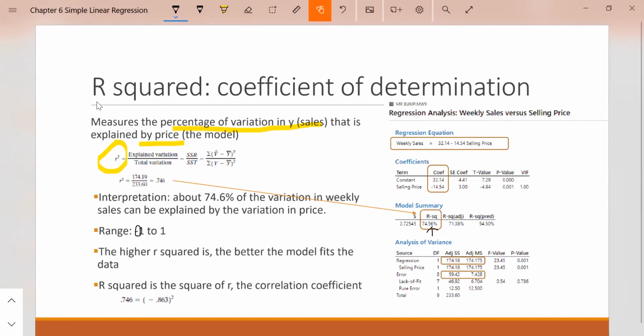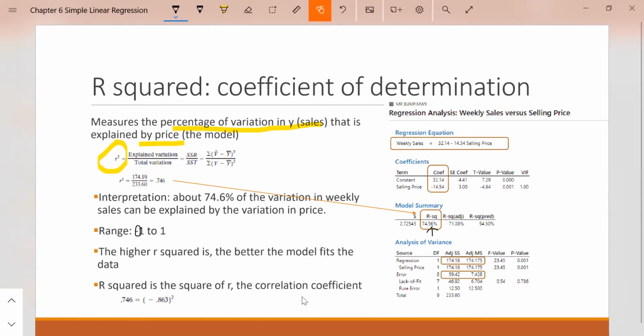It's really a case-by-case situation. It also depends on a person's opinion. And for this particular example, 74% is not high. We can definitely do better than that. In particular, we know for the sales of milk, there are other factors that can affect it than just price.